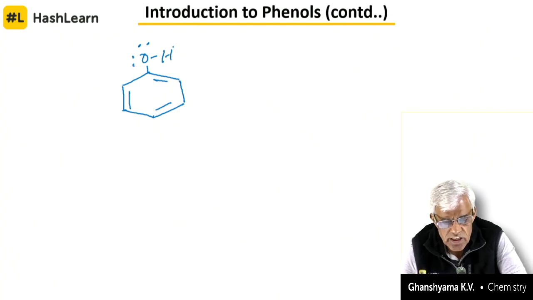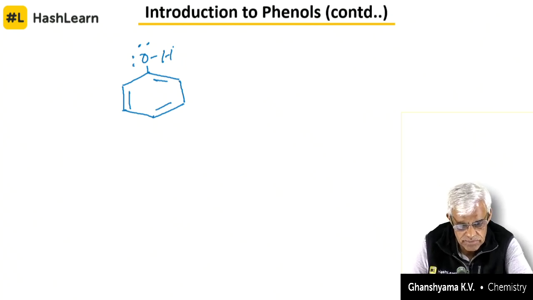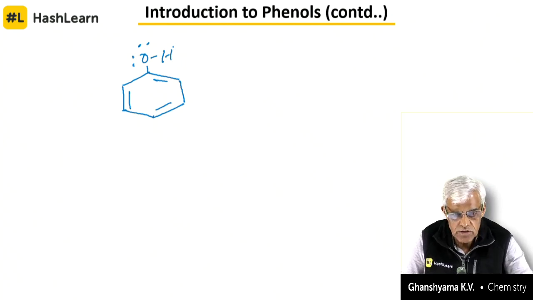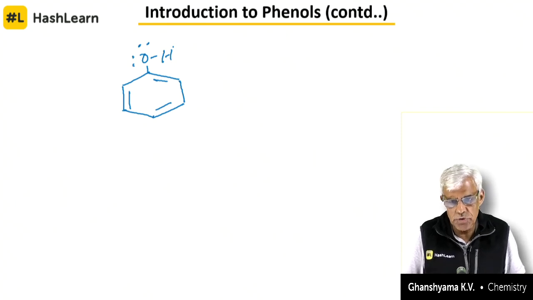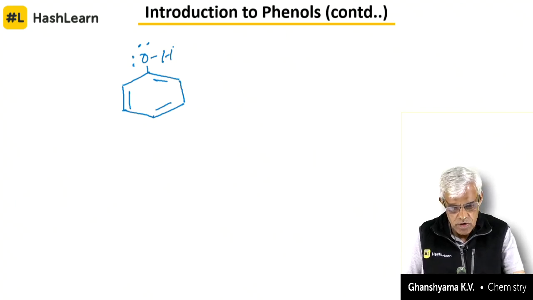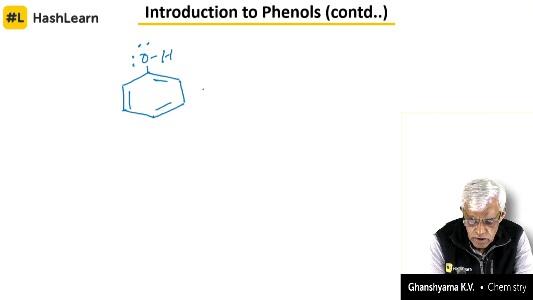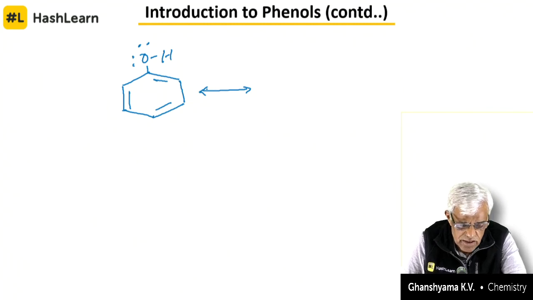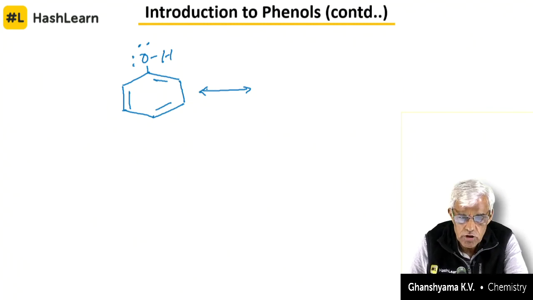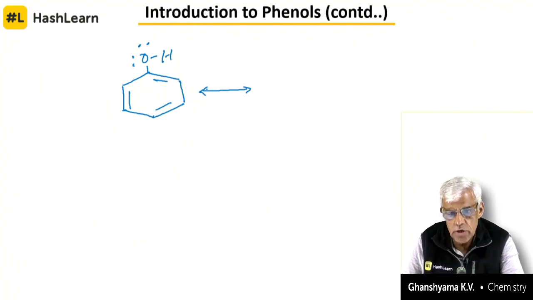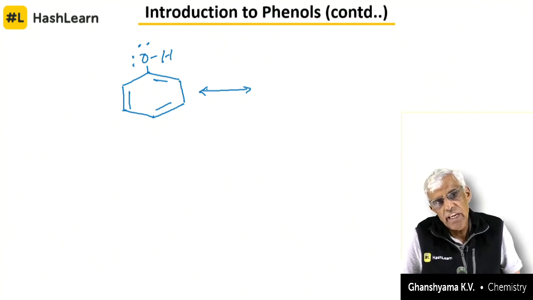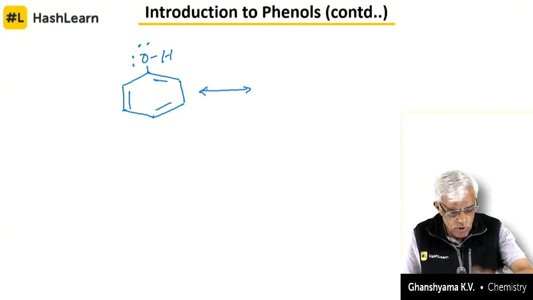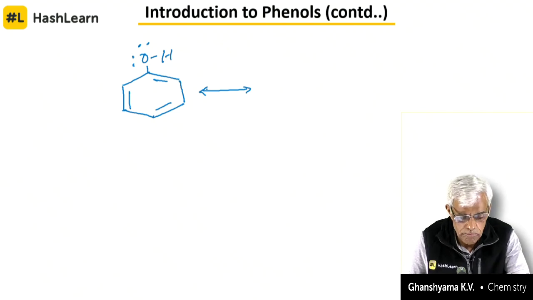Phenol exhibits resonance, which is absent in the case of alcohols. Phenol is one in which the lone pair of electrons on oxygen will be in conjugation with the pi bond, pi electrons. Therefore, there will be delocalization of pi electrons.